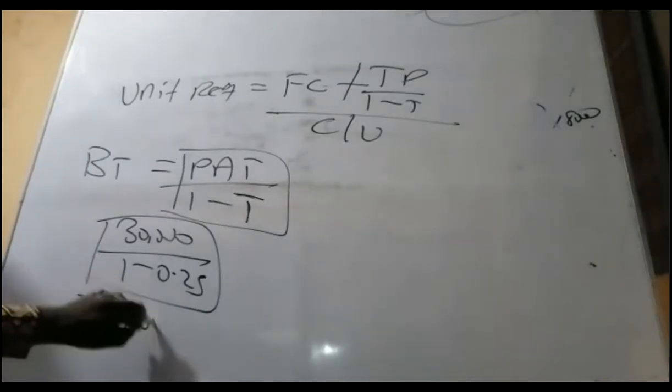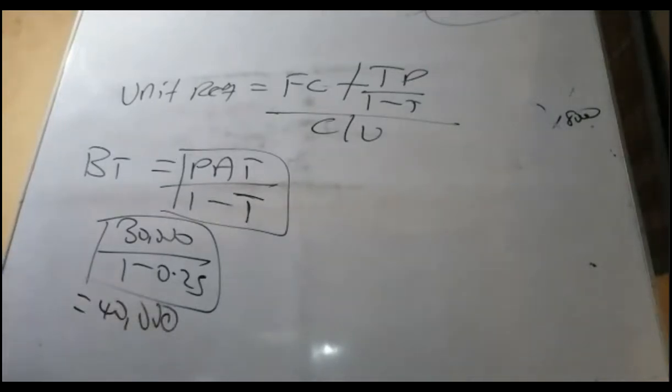So, the profit before tax will give us 40,000. You can calculate it somewhere and put the answer in, or you can just do it straightforward.